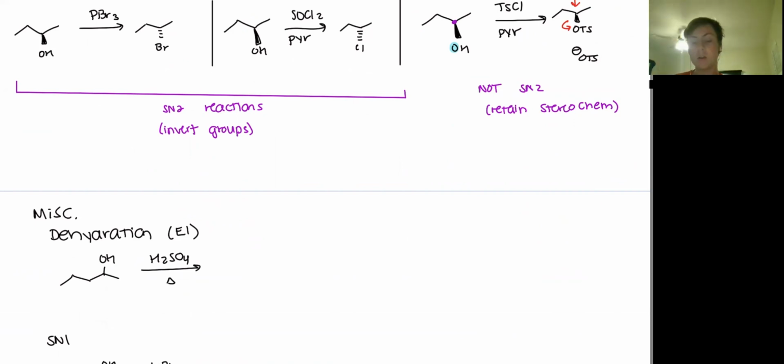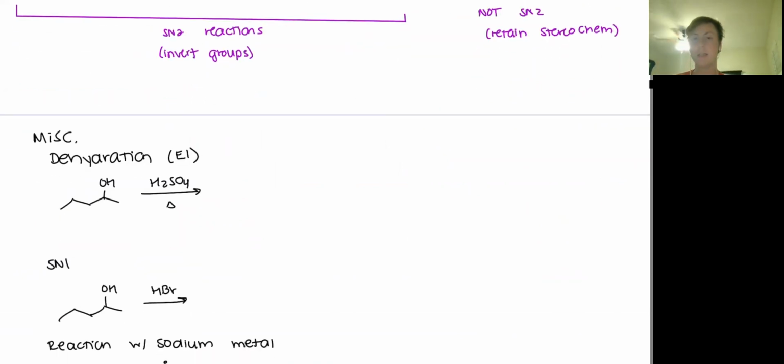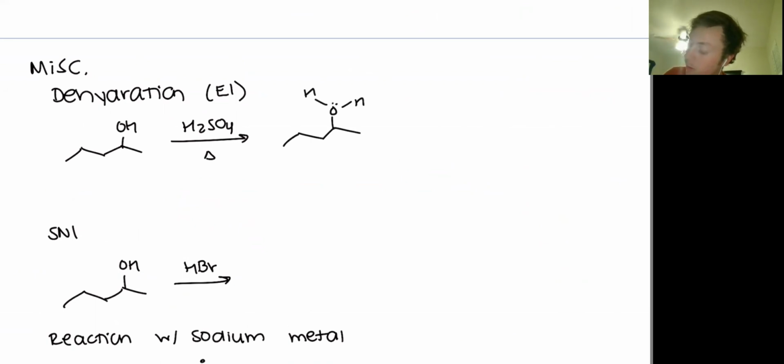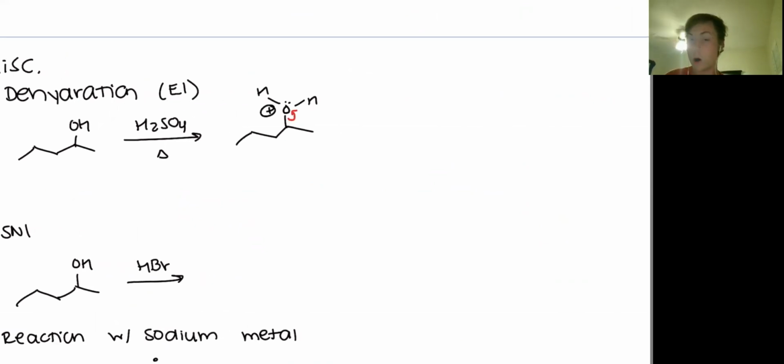And so with the dehydration reactions, it is basically an E1 mechanism because the OH will become protonated. Oh, this actually would have been a good one to mention as a good leaving group, because now when that water molecule leaves, it is stable because it's a neutral species once it leaves.